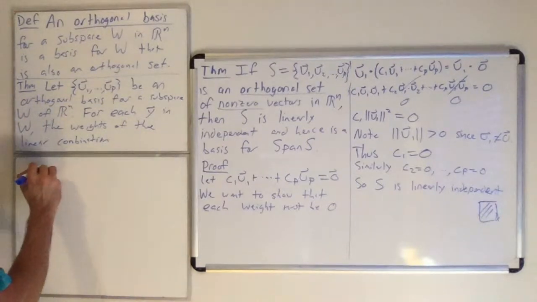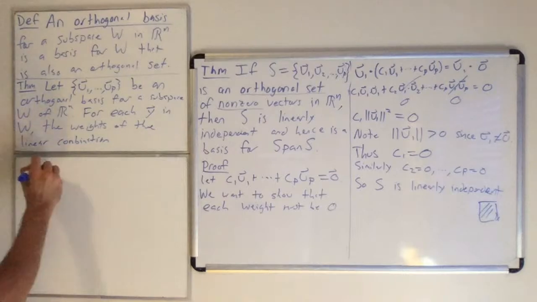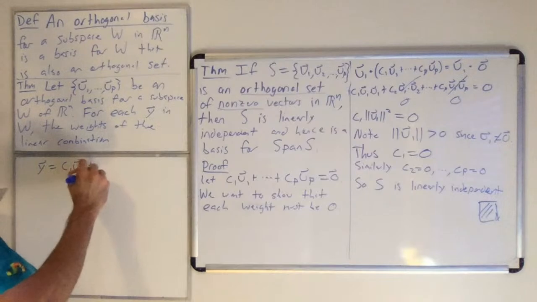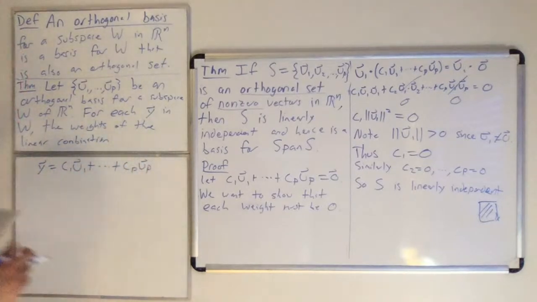So let's say we write y. So y is some vector in W. We could write it as a linear combination of the basis vectors. So if we have y equal to c1 u1 plus ... cp up, this theorem tells us how to find c1 through cp without having to do some sort of row operations like we had to do in the past.